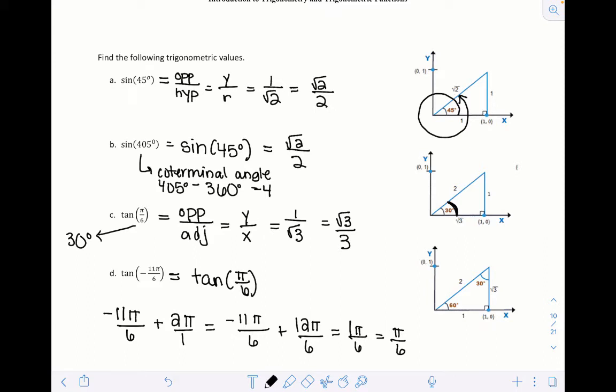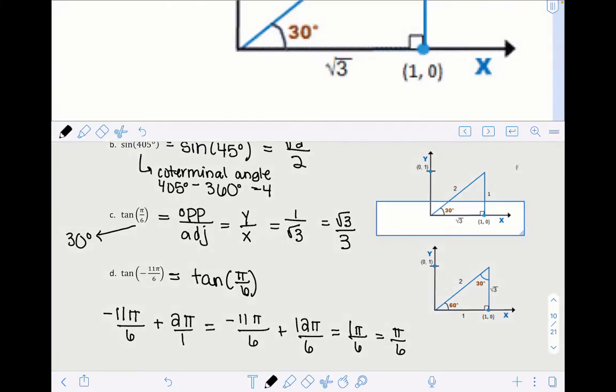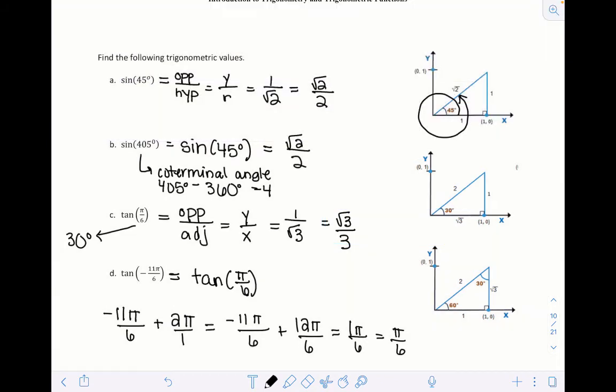And so if we look at that middle triangle that we have here, if we think about that rotation, rotating negative means going clockwise. If I start at 0, instead of going the positive direction, if I go the negative direction, I could go one full rotation.